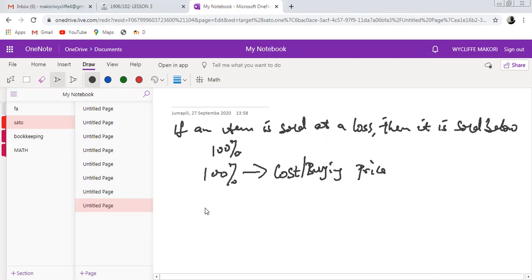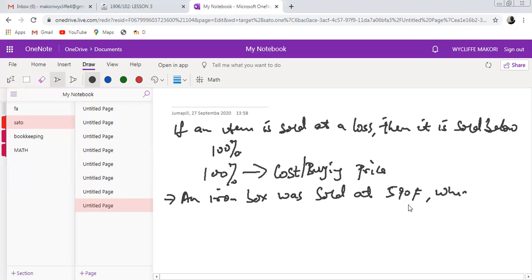If, for example, we have this question saying an iron box was sold at 590 shillings, which translated to a loss of 10%.